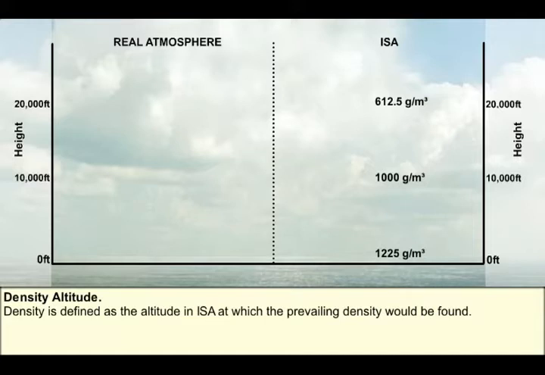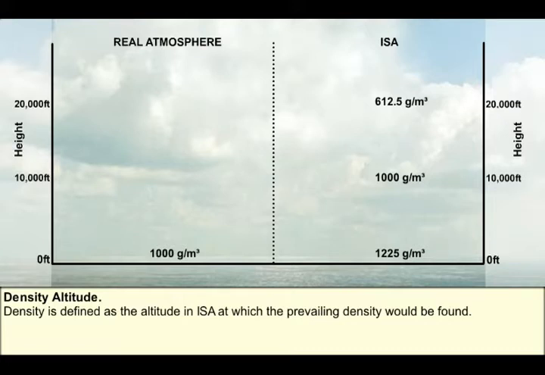This is best explained by using an example. Let us say we are at sea level, and the atmosphere happens to be exactly the same as standard. The density at sea level in the real atmosphere will therefore correspond exactly to that found at 0 feet in ISA.